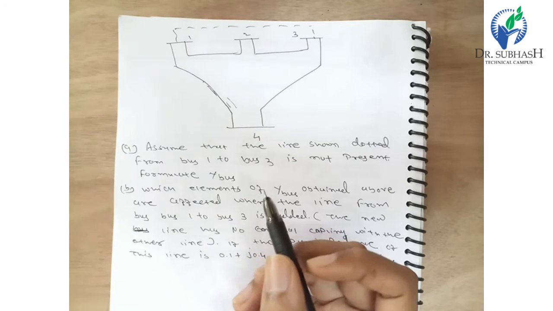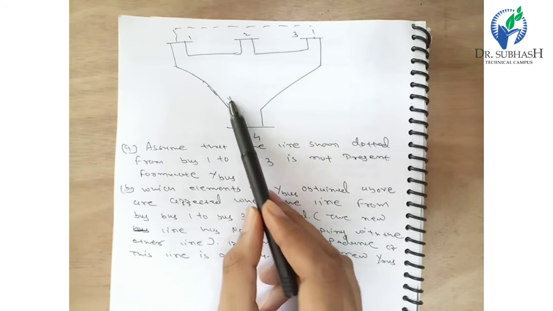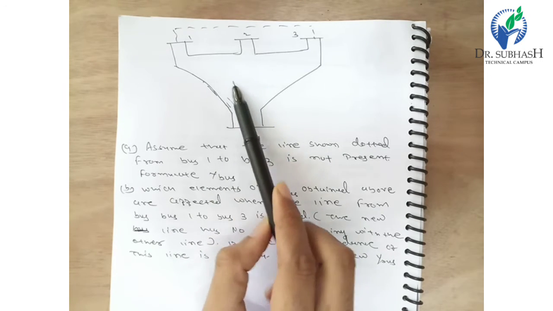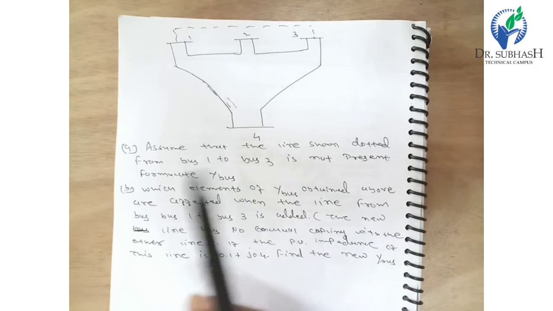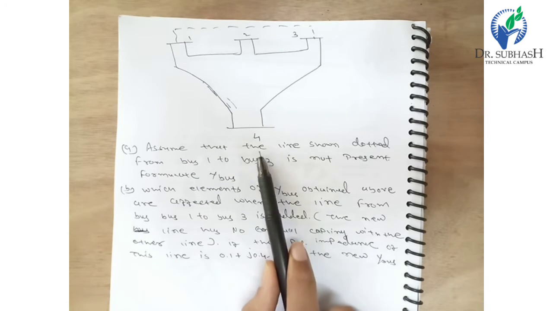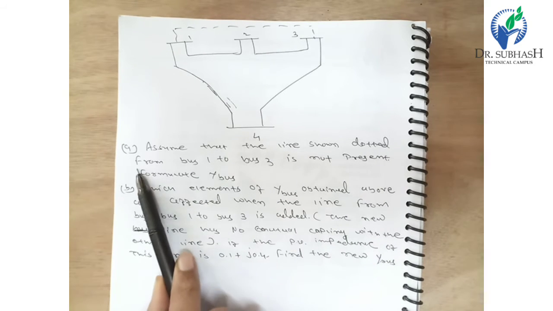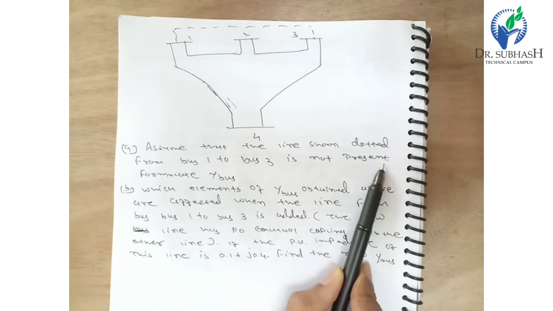In this example, we should find 2 points. Here it is an interconnected network. 1, 2, 3 and 4 buses are connected between them. The first point we should find is: assume that the line shown dotted from bus 1 to bus 3 is not present.